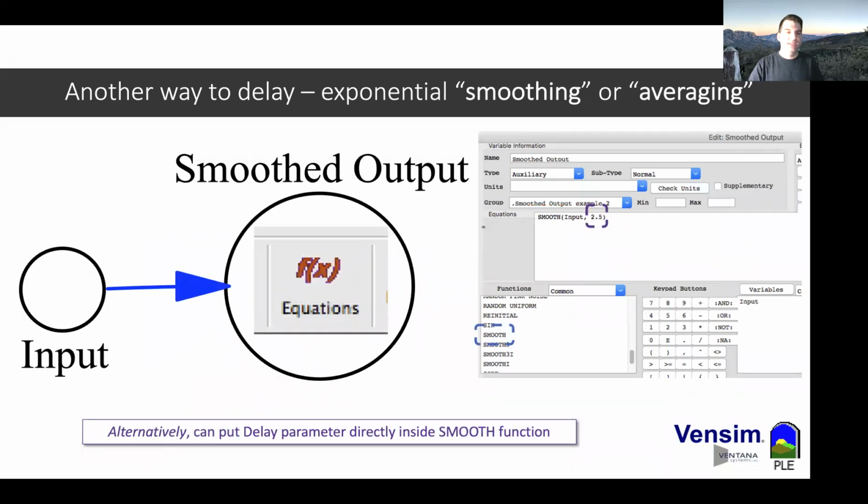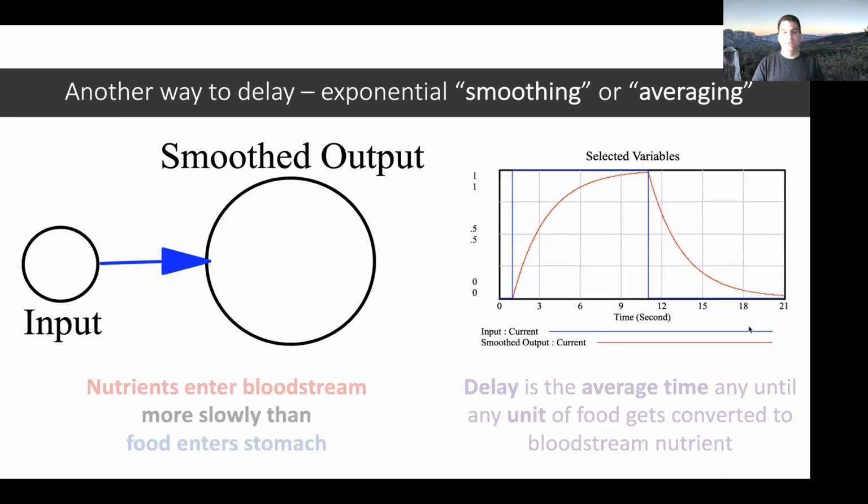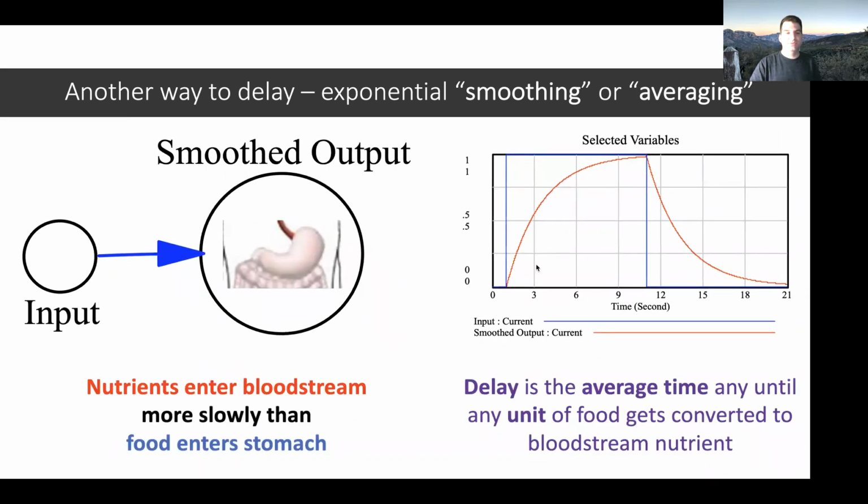Here it is more concretely. I've got a 2.5 second smoothing delay for my input. If I simulate it, and my input looks like this blue square wave that changes instantaneously, then the output that comes out of Vensim looks like this red curve. That mimics nutrients entering the bloodstream: blue is what goes into the stomach, red is what goes into the bloodstream.